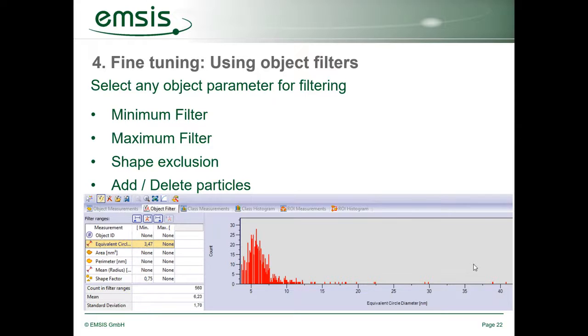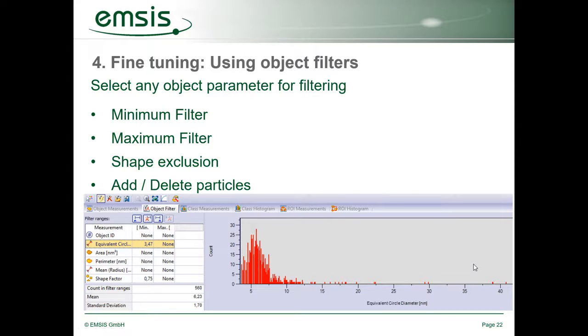I can define this in two different ways. One is just to click on this icon here. My cursor will jump into my image and I can select an example particle that should define my new borders, the minimum value, and the same for the maximum value.